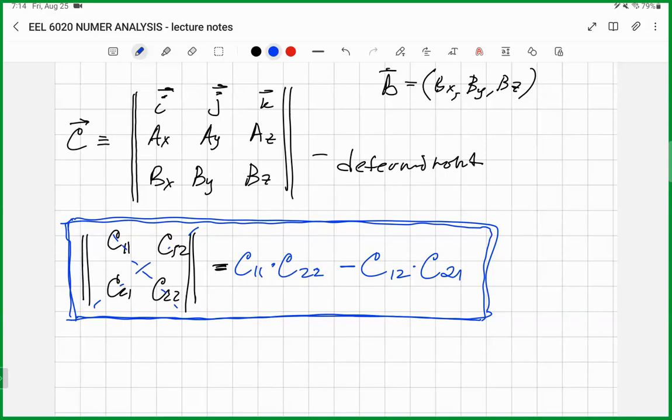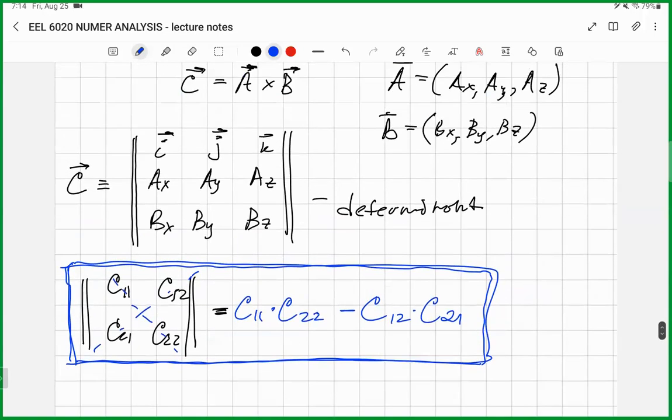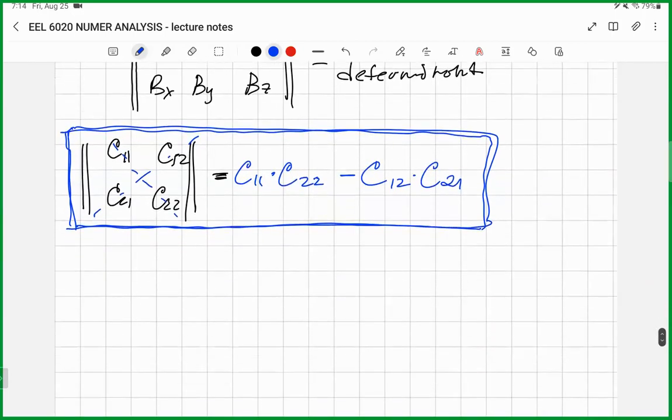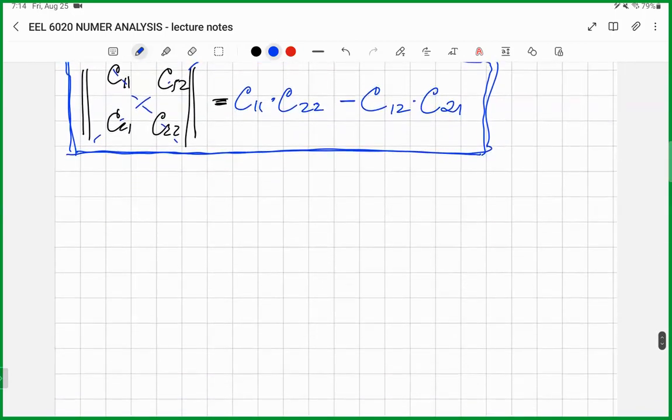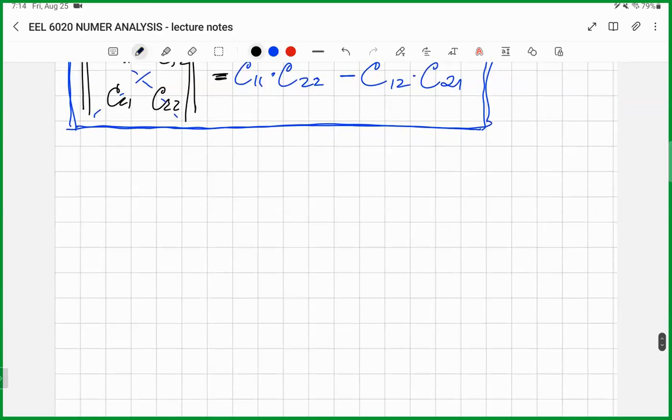And this is basically what allows us to build any theory, including electromagnetism. But here we have a 3 by 3 matrix, right? So we need to generalize this to a matrix with 9 components.